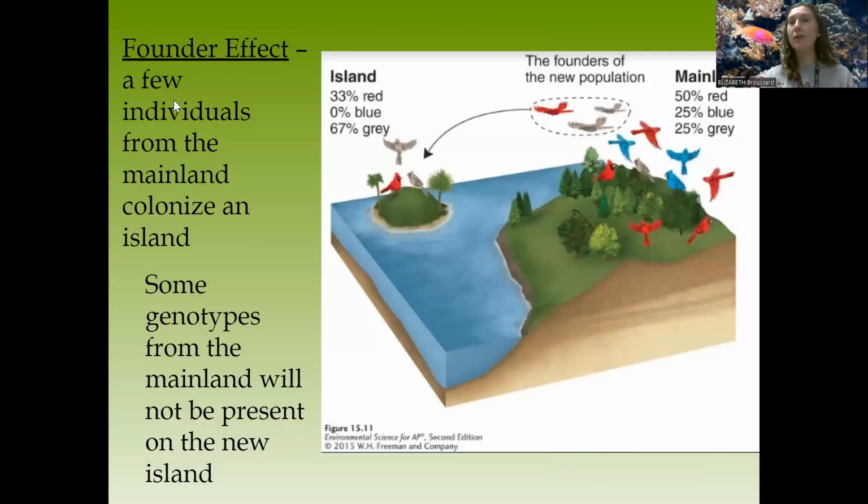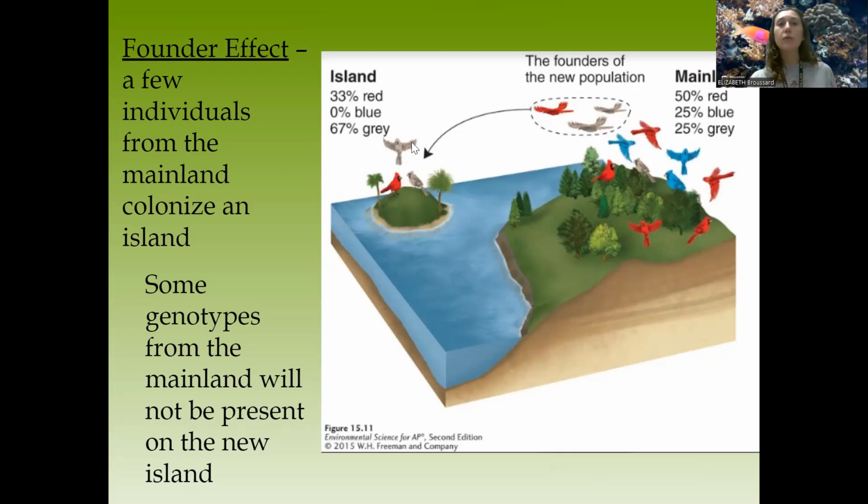Another example of genetic drift, these random events, is the founder effect. The founder effect is very similar to bottleneck in that I start with a large population and it goes to a small population. It's exactly like it sounds: a small subset of a main population branches off and goes to an area that is previously uninhabited.